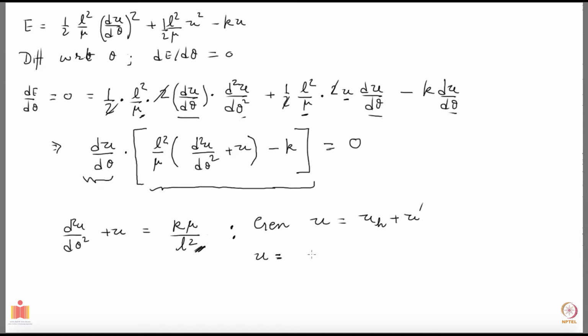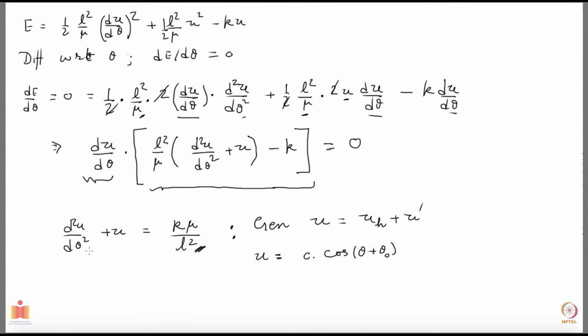I should call it C. Yeah, let me call it C. C times cos of theta plus some theta naught.